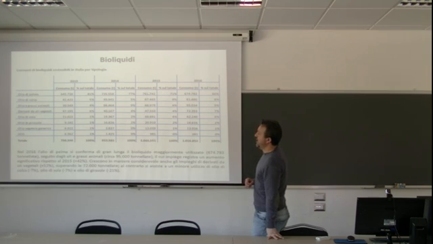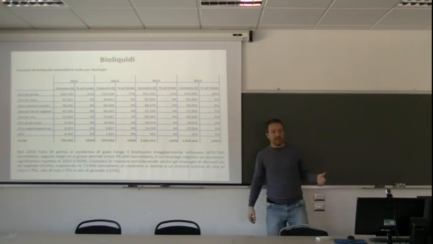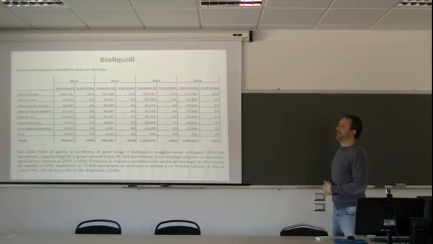So this is the bioliquid situation in Italy, and of course you can see that the main part of oil comes from palm oil, and of course we can't cultivate palm in Italy, so of course this biomass comes from the other part of the world, and so there are some problems with the sustainability of this biomass.